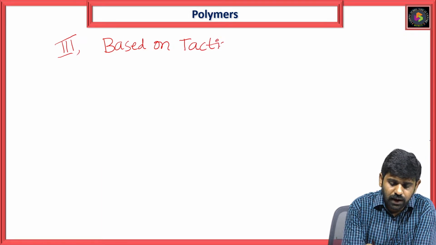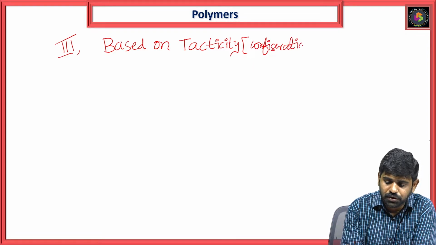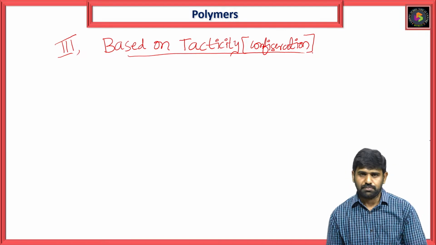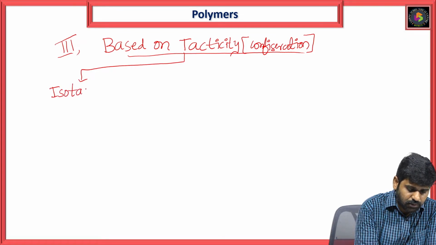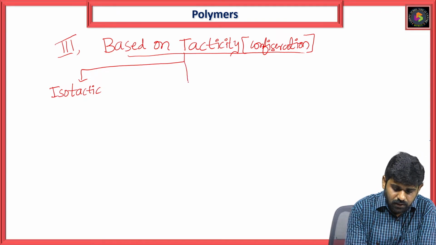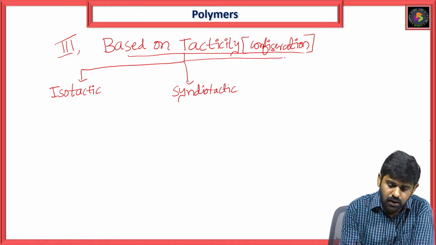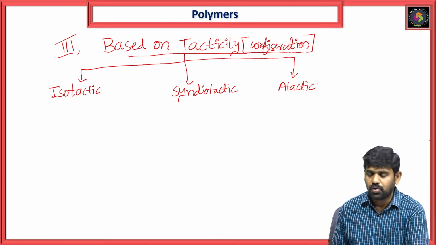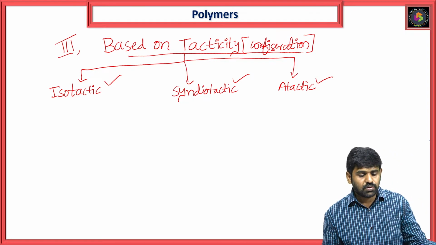Based on tacticity, polymers are of three types: isotactic polymers, syndiotactic polymers, and atactic polymers.